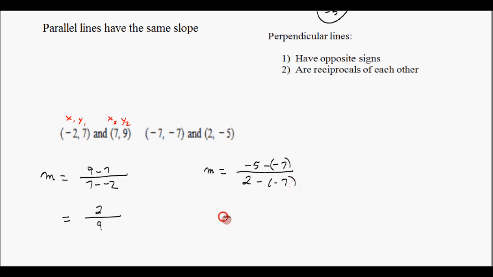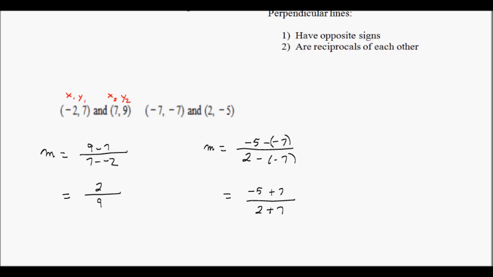All right, so this is negative 5 plus 7, and down here I'm going to have 2 plus 7. Negative 5 plus 7, well, that's a positive 2. 7 plus 2 is 9. All right, 2 ninths and 2 ninths. So the lines are going to be parallel lines.